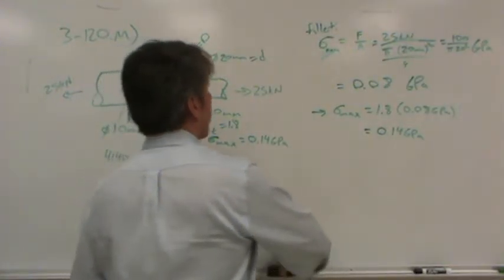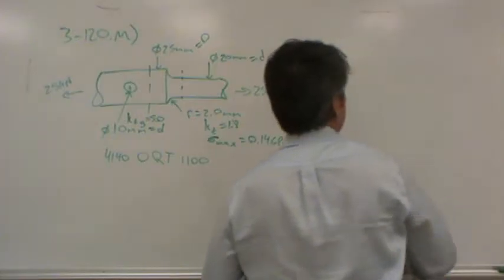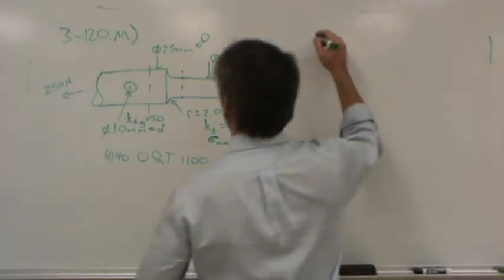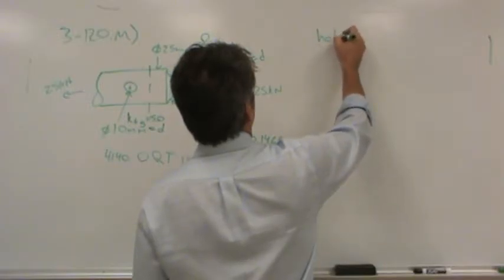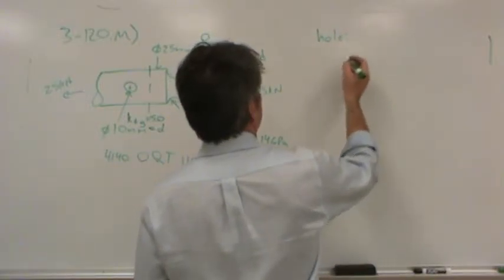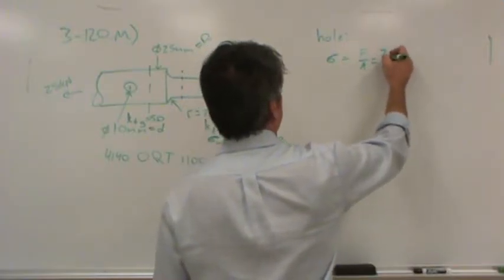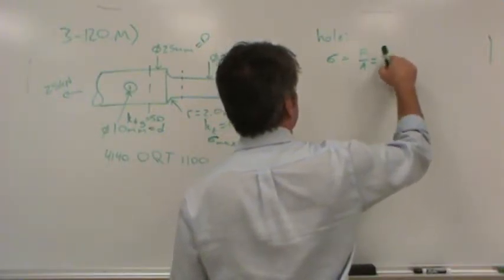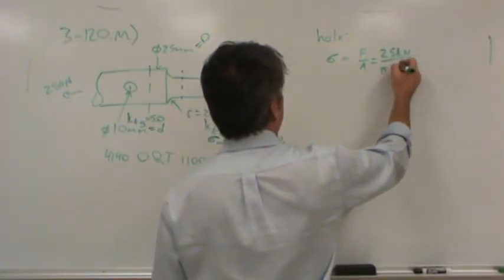So now let's go for the hole in the larger section. We need to calculate the stress, and it's just, again, force over area. It's pretty straightforward: 25 kilonewtons divided by the area, still pi.